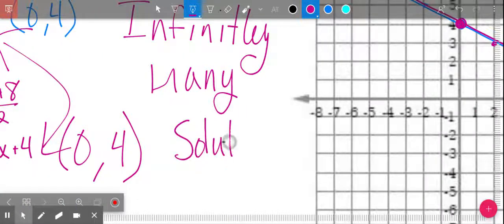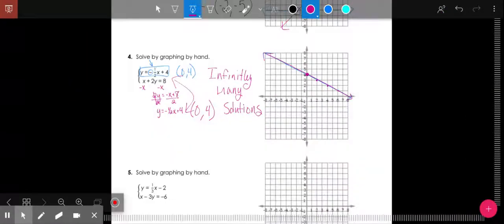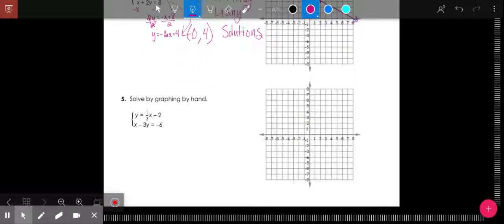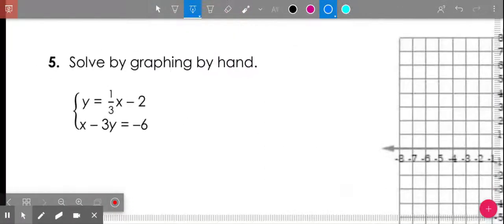All right. And looking at the last one for today, it says solve by graphing by hand. The first one we have is y equals 1/3 x minus 2. Going back to my blue line. We know our y-intercept is going to be 0, negative 2.